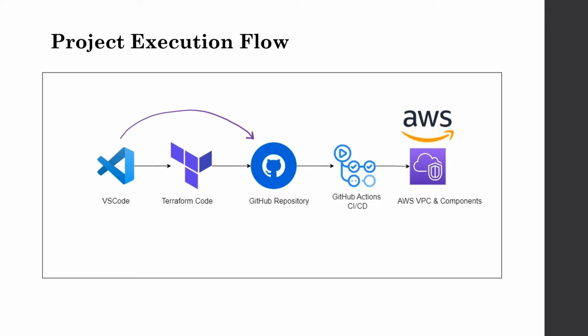We will have a branching strategy, wherein we will have two branches: a main branch and a feature branch.